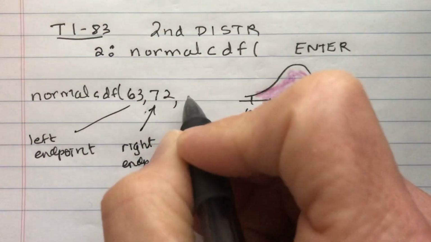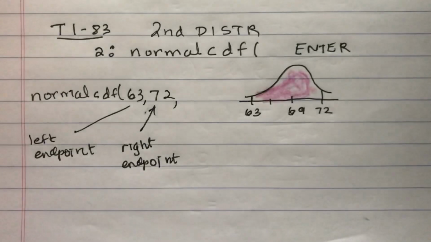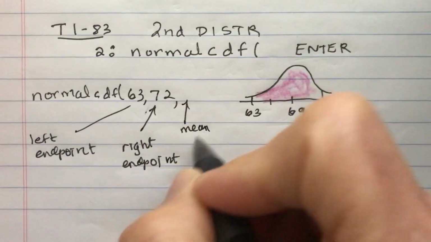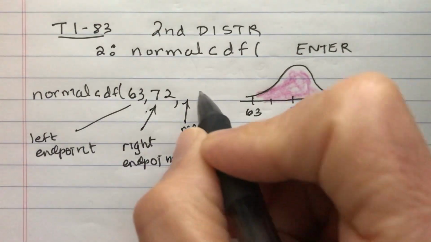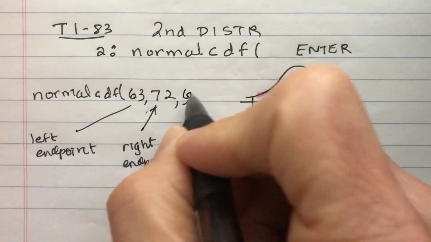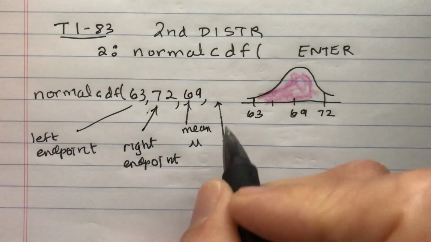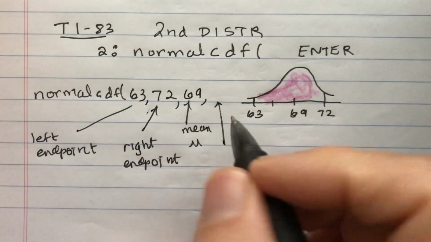And then we're going to put in the mean. The mean is 69. That's for this problem, for male heights. Apparently the average is 69.